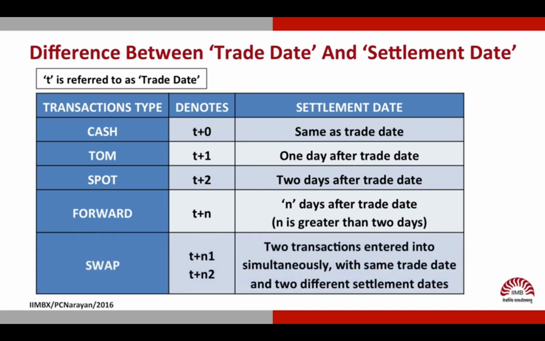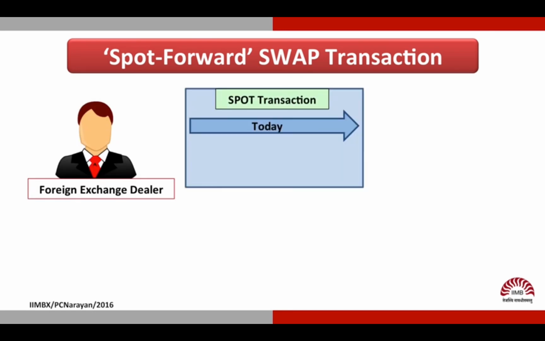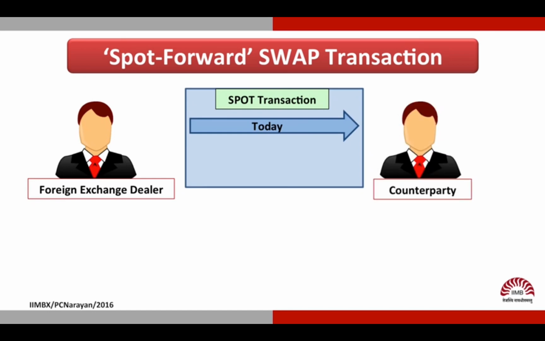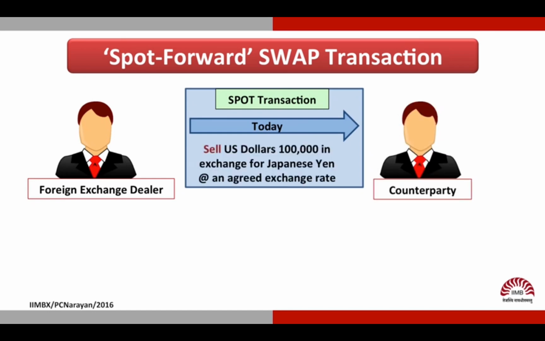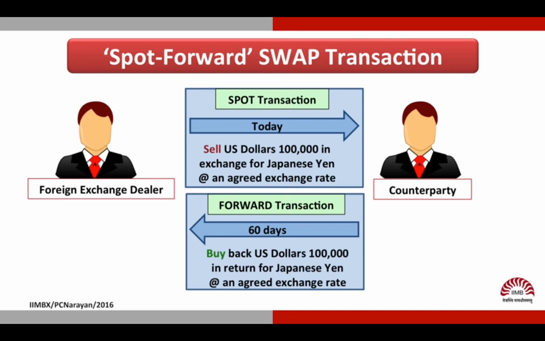Swap transactions comprise two foreign exchange transactions entered into simultaneously with the same trade date and two different settlement dates. For example, a dealer in foreign exchange today enters into a spot transaction with the counterparty to sell 100,000 US dollars in exchange for Japanese yen at an agreed exchange rate, and simultaneously enters into a 60-day forward contract to buy back the 100,000 US dollars in return for Japanese yen.